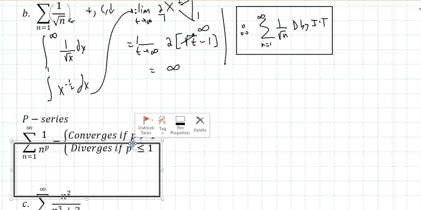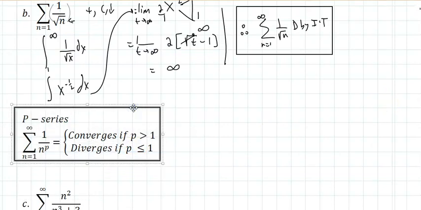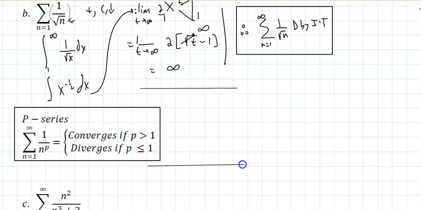The p-series is a quick way for you to figure out whether a series converges or diverges. That is, you glance at a series. If it is n raised to a number, if the number is bigger than 1, we know the series converges. And if the number is less than or equal to 1, the series diverges.